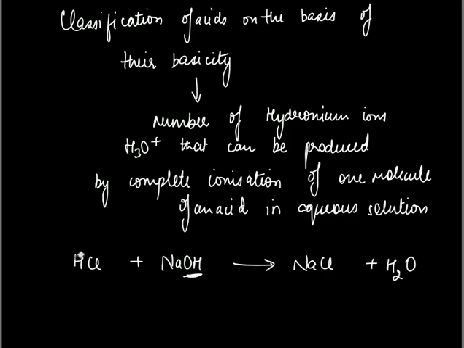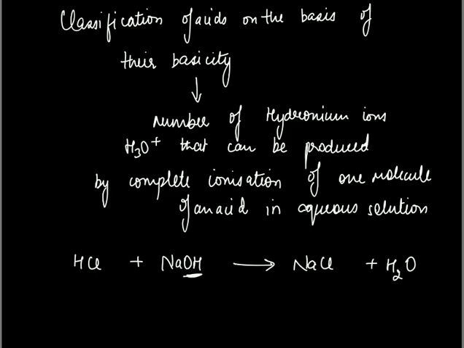One H plus or one hydronium ion requires one hydroxide ion in order to form water. So indirectly, the number of hydronium ions an acid is going to supply indicates how many OH negative ions it's going to react with to form water.